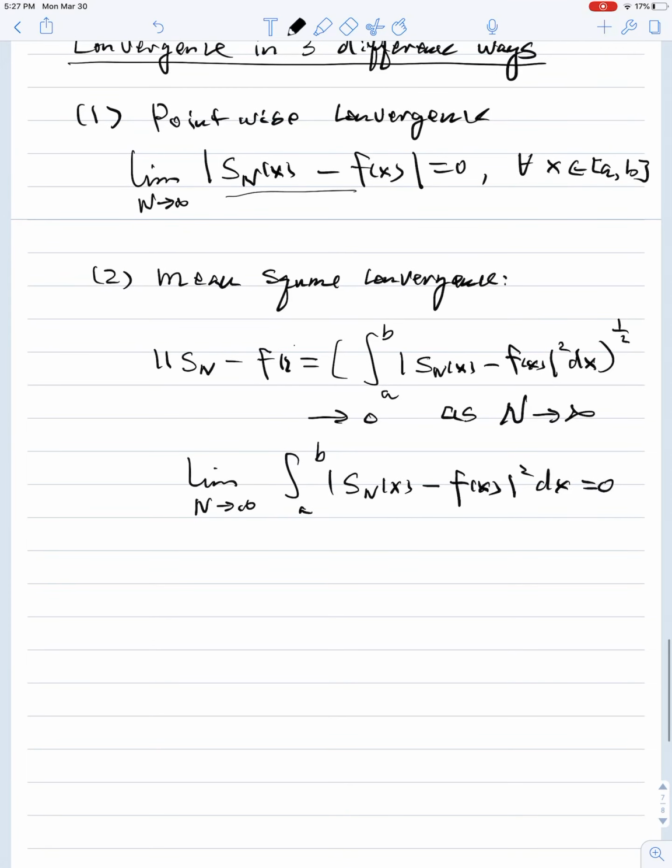Another way of convergence is what we usually refer to as norm convergence, or the uniform convergence.